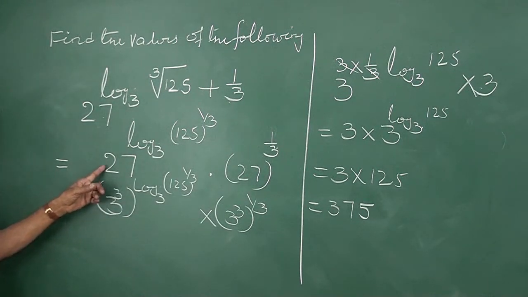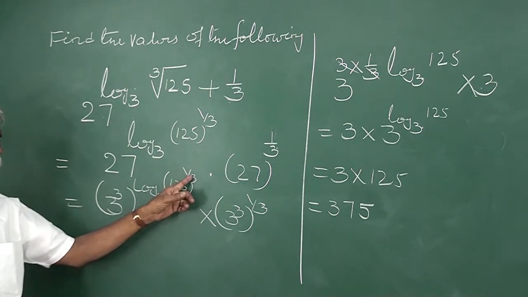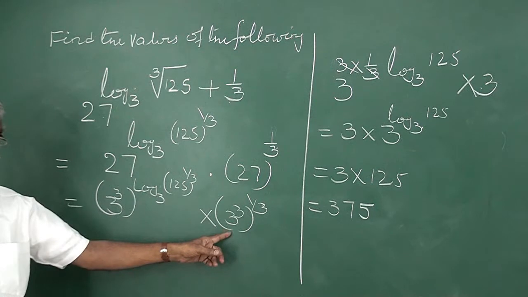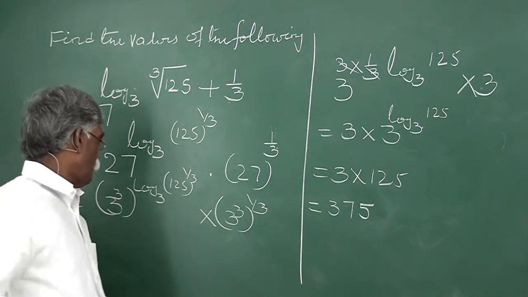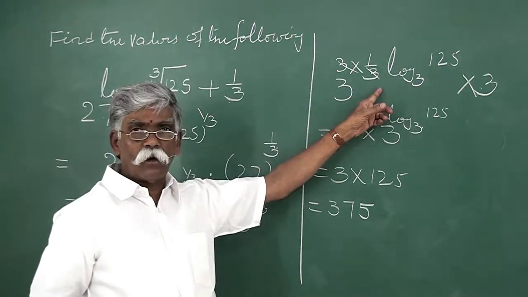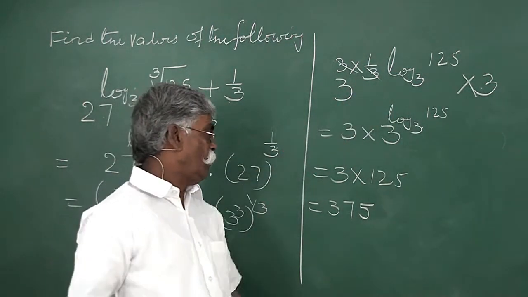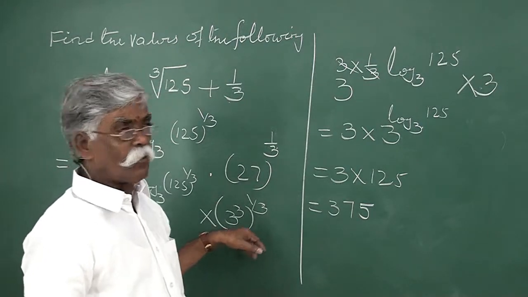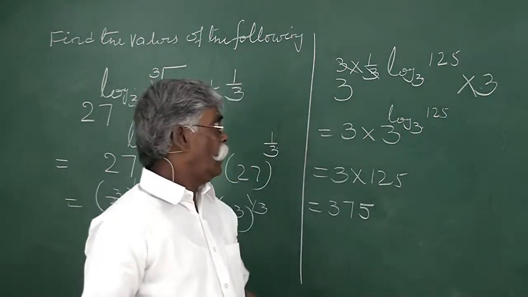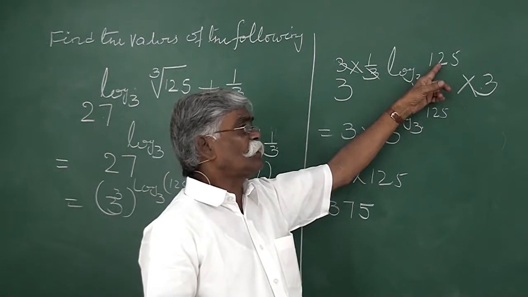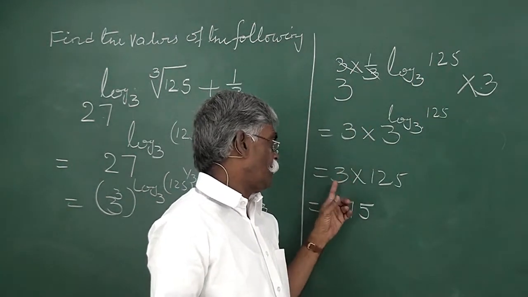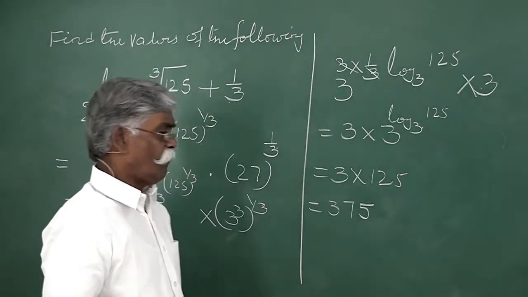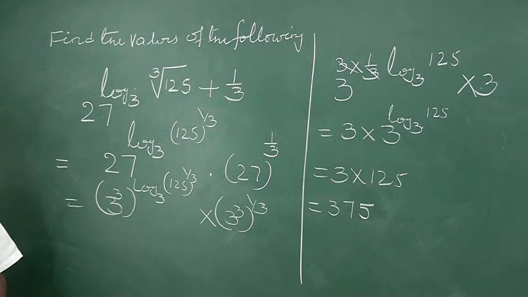And this 27 is written as 3 cube to the power log 125 to the power 1 by 3 to the base 3 into 3 cube to the power 1 by 3. Therefore this is 3 power 3 into 1 by 3 log 125 to the base 3 into 3 cube to the power 1 by 3 is nothing but 3. Here the base of this log 125 is 3 and here it is 3, therefore this is 3 into 125, and finally the answer is 375.